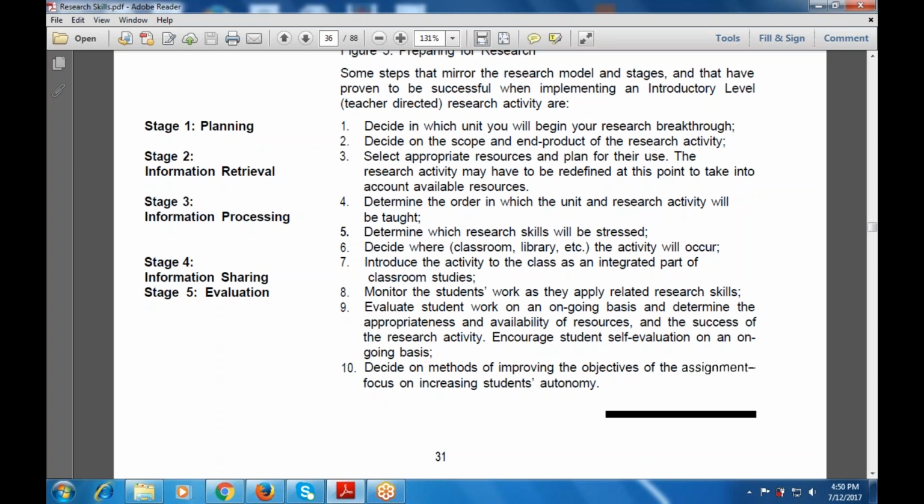Then sharing: how we can share the information among colleagues. Then evaluation: how we can evaluate from the student's point of view and from the teacher's point of view. It is also an ongoing activity that determines the appropriateness and availability of the resources and the success of the research activity, and it should be used with self-evaluation and self-motivation.